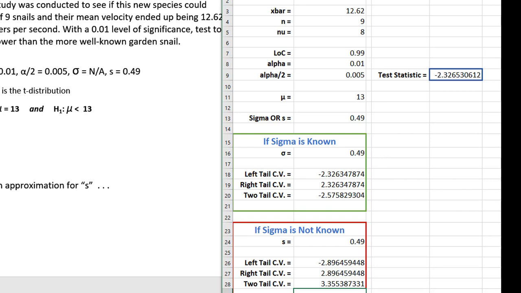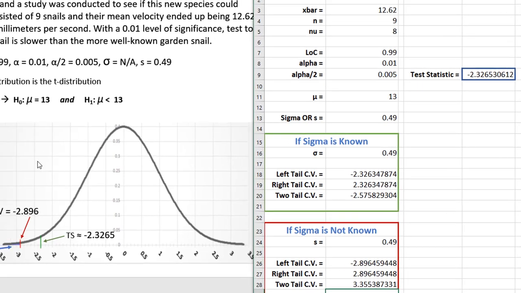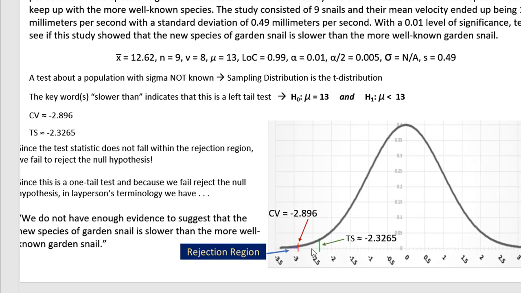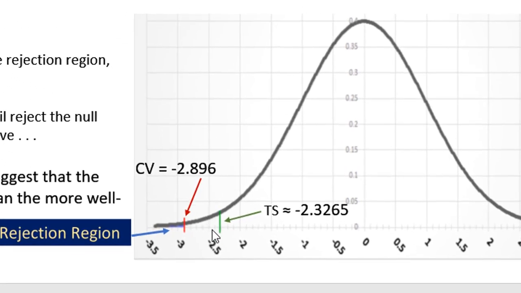If I analyze this in the spreadsheet, I have a critical value of negative 2.896 and a test statistic of negative 2.326 or 327, whatever it is. Now if I look at this image of the t-distribution curve, here is my critical value. My rejection region is just this little bit out here in the tail, and my test statistic falls over here, which is way outside of the rejection region.